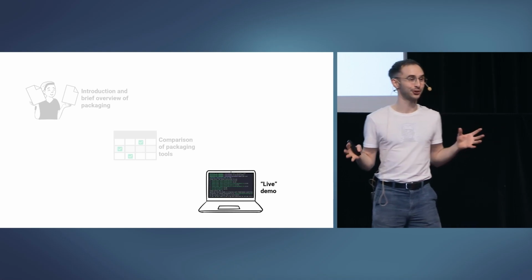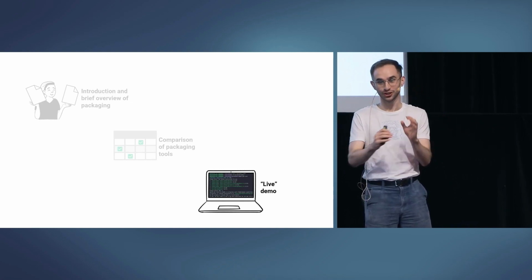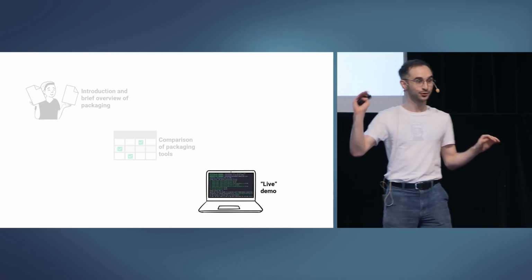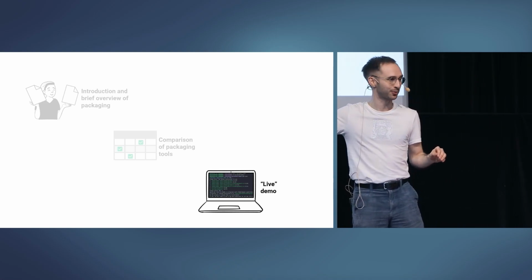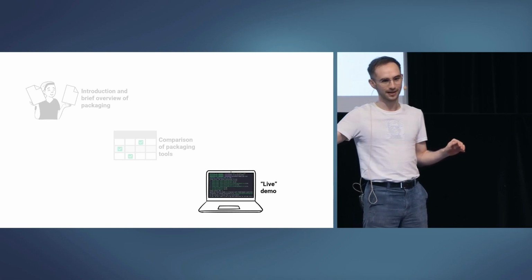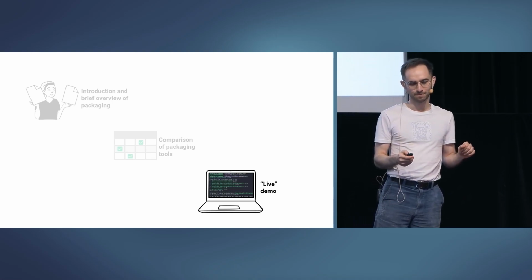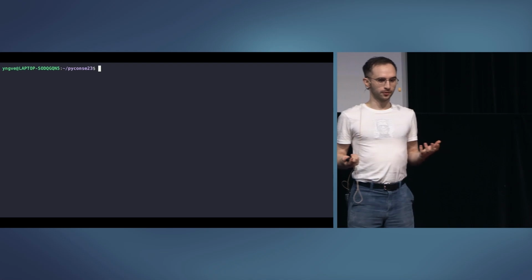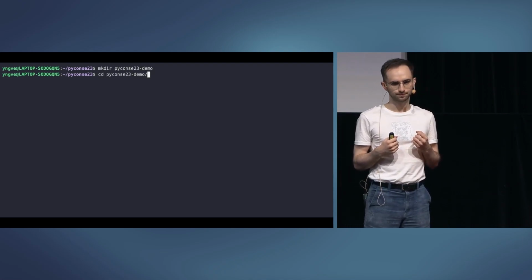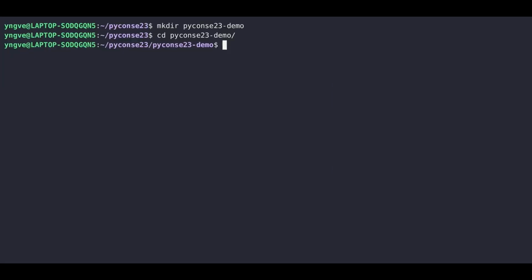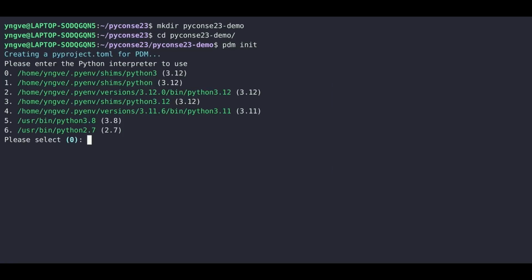And that's actually what I want to show you guys now, is how easy it is to start with absolutely nothing and create a package and then publish that package on PyPI so anyone else in the entire world can install it in a second. The first thing you do is you create a directory for your project. You navigate to it and you run the PDM init wizard.